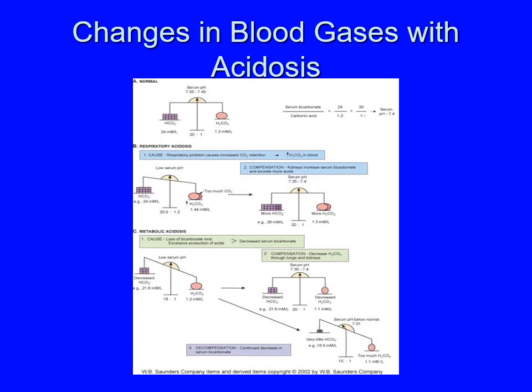And this is usually what you're going to see a lot in the lab, either respiratory related problems resulting in acidosis, or metabolic problems such as ketoacidosis, or some type of alcoholism or drug poisoning resulting in metabolic acidosis.